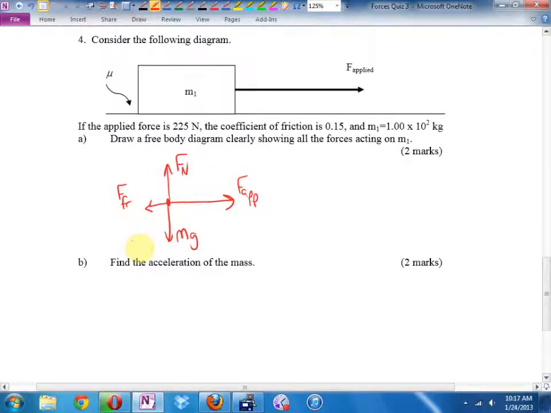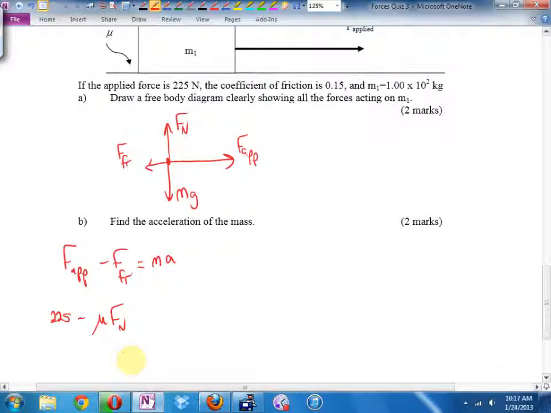Find the acceleration. Who's winning? Vertically, everything's tied. Horizontally is where we have our unbalanced force. Winner minus loser equals MA. The applied force is 225 minus friction, which is mu times the normal force. I don't know the normal force, but to get A by itself, I would divide by the mass.